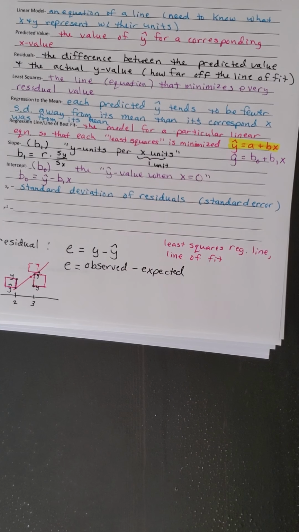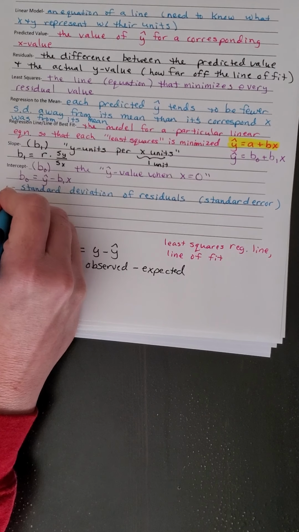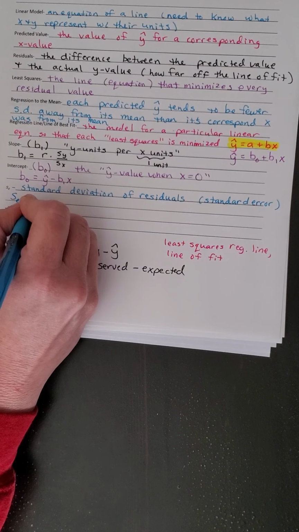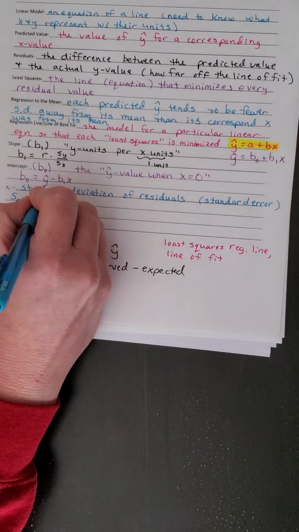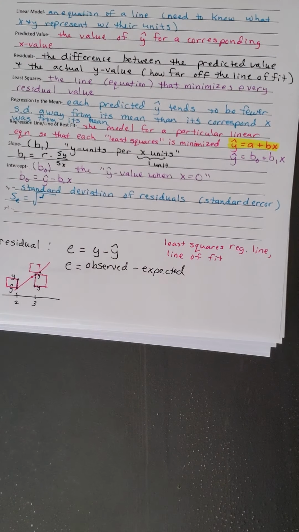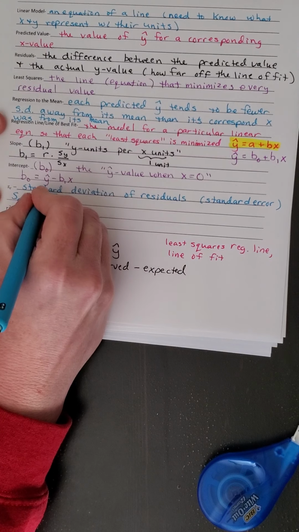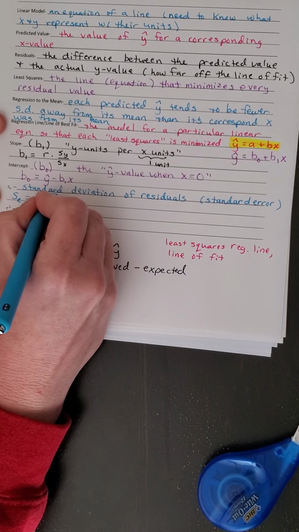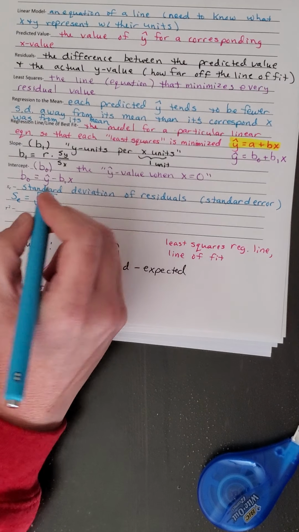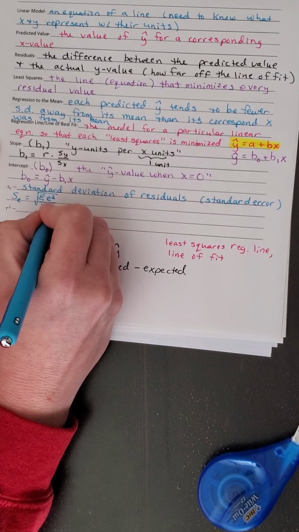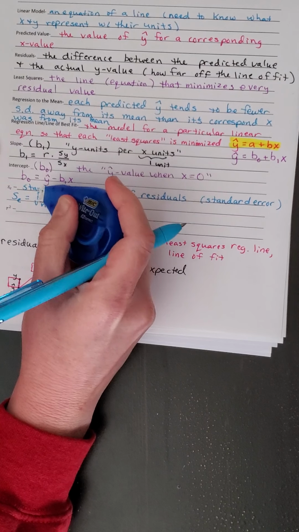And the equation is given by s sub e equals the square root. The errors, oh goodness, my bad. That doesn't even look like anything, sorry. The sum of the errors squared over n minus 2. So the sum of the errors squared, I don't like my sum. Hold on, let me fix it.